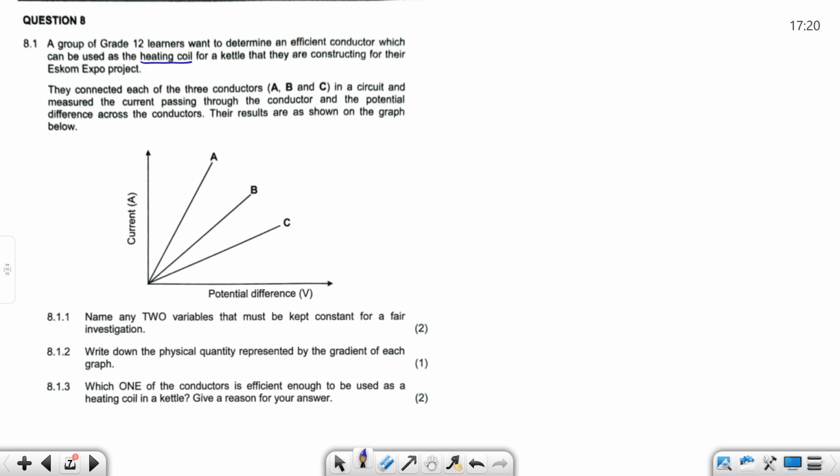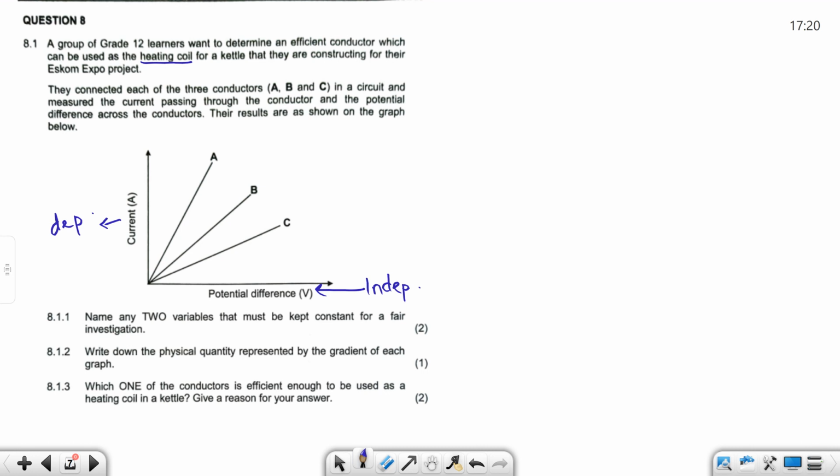In this case, please remember that your potential difference is the independent variable, and this one is your dependent. It is quickly important that when you have a graph, those of you that I have taught, I taught you how to deal with graphs. First, you multiply the axis.